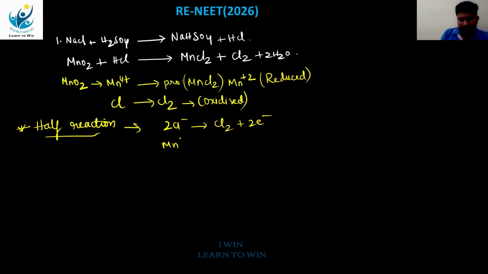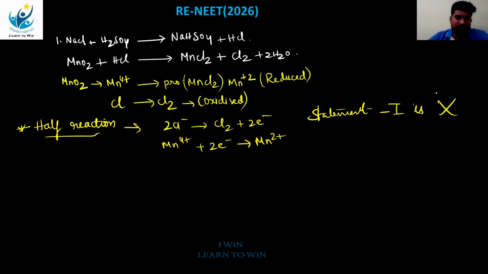Mn +4 gains 2 electrons and becomes Mn +2. So we can clearly say that statement 1 is wrong, because it says Mn will be oxidized, but as per the reaction, it is reduced.